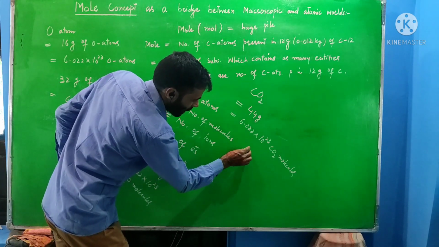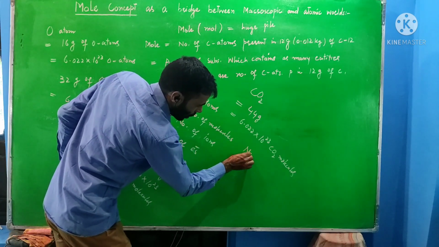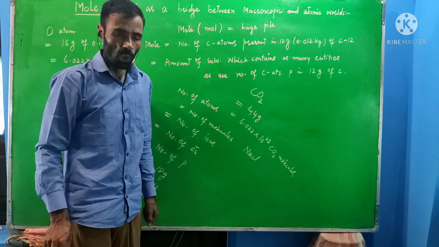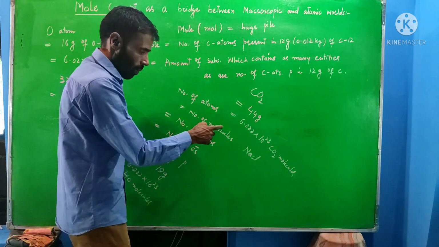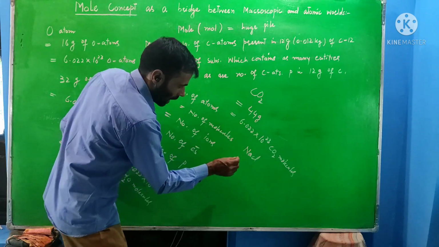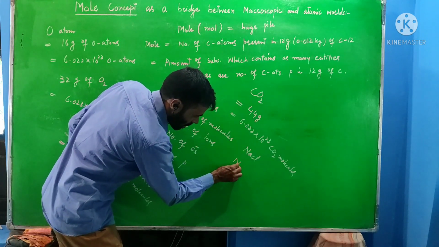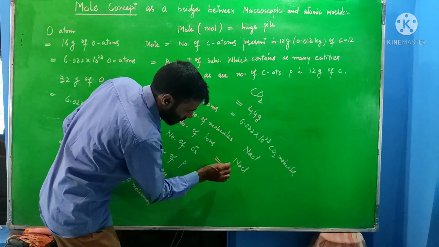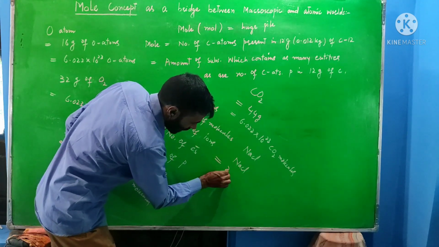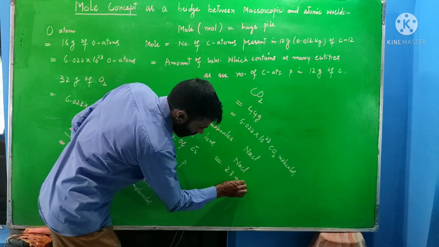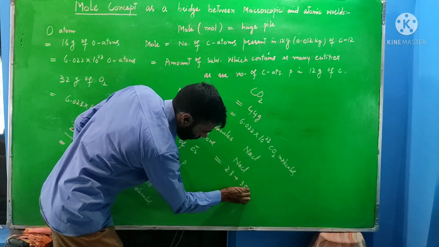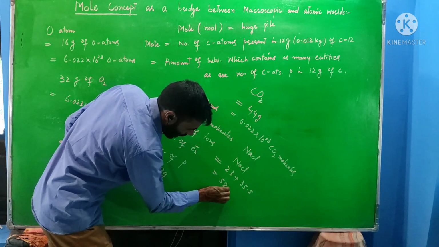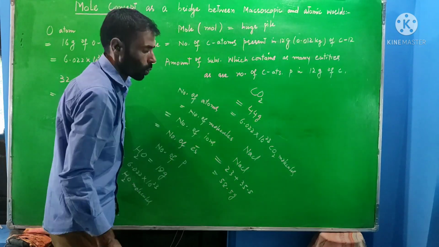Similarly, for NaCl, we know this is an ionic compound. In the case of ionic compounds, we take formula units and formula mass. The formula mass is 23 plus 35.5, equal to 58.5 gram of sodium chloride.